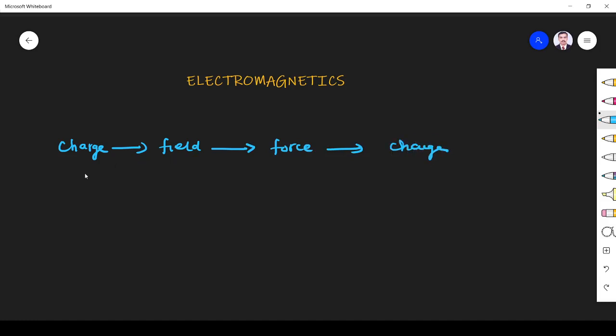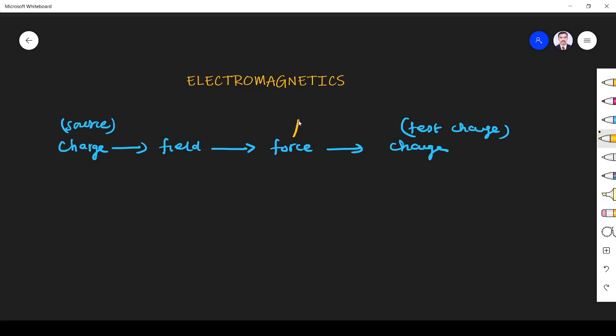So the charge which creates the field is known as the source charge. The charge which is feeling that field is known as the test charge. How the communication between source and test charge happens is what we are going to study in total electromagnetics.